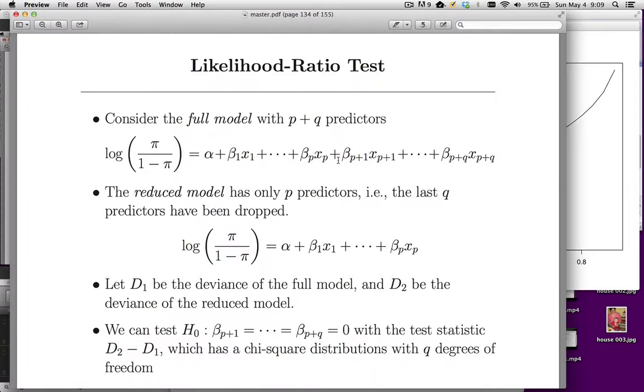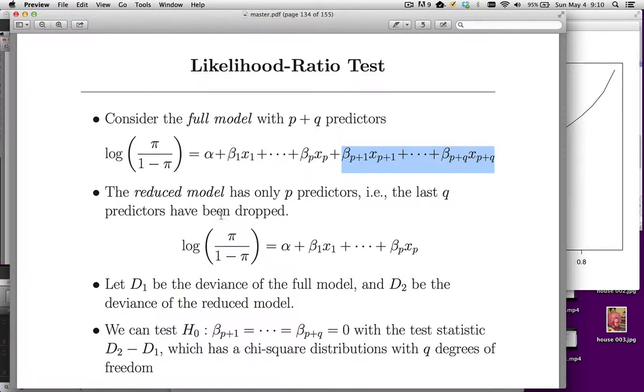The difference between the full and the reduced model is that in the reduced model, the last q betas are all constrained to be 0, so they're not in the model.